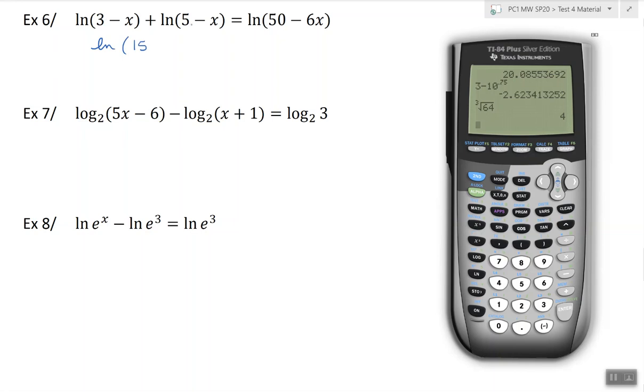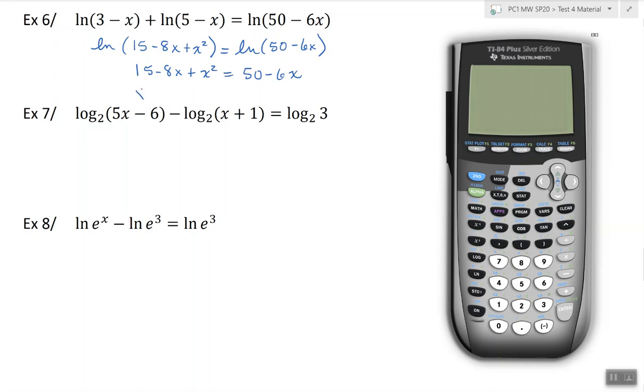I have a negative 3x and a negative 5x is negative 8x plus x squared equals natural log of 50 minus 6x. All right, now that I have the natural log equals the natural log, I know the only way that can be true is if my arguments are equal to each other.